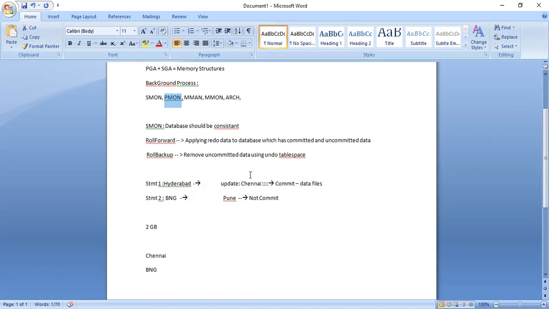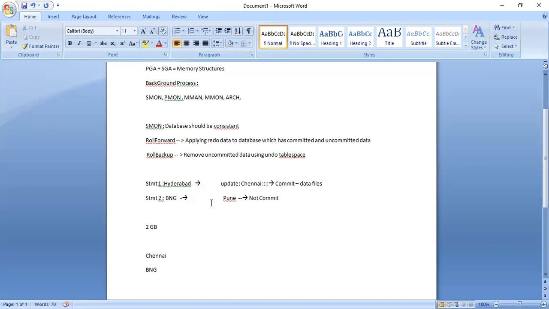Is it clear, Amit? Yeah, it's clear. Going further, you will understand more deeply. Initially, since it is concept-wise, you may get some confusion, but going further you will get better understanding. If you have any doubts, you can call me, and in our class also, let me know if you are stuck somewhere or not understanding anything.